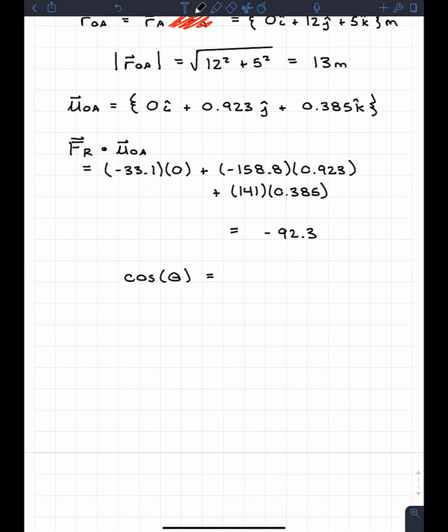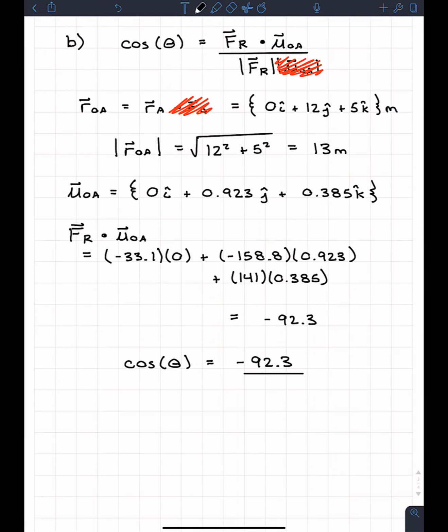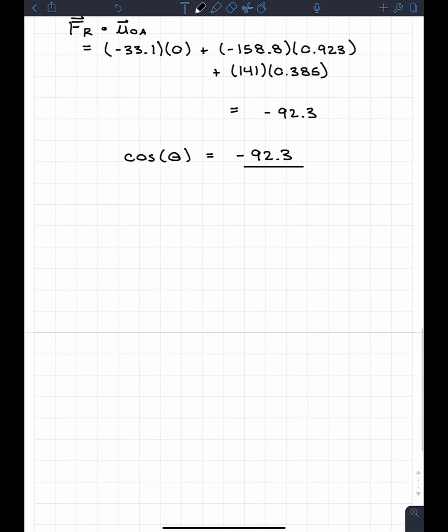and it's divided by the magnitude of FR. Well, we actually haven't calculated that yet, but remember, finding the magnitude is something that's very easy because we're just going to take all those components, square them, add them together.